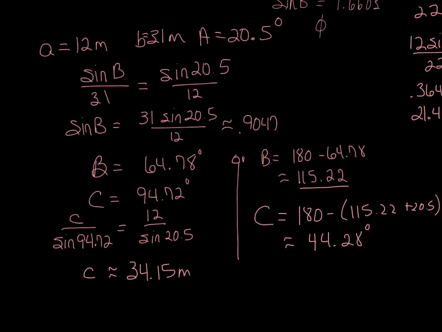And then you can find side C here. C over the sine of 44.28 degrees is equal to, again, use your given, 12 over the sine of 20.5 degrees.